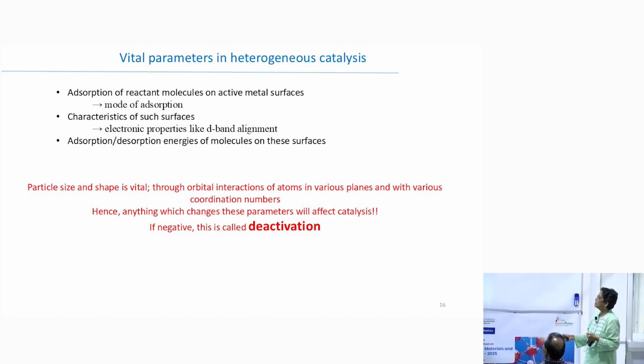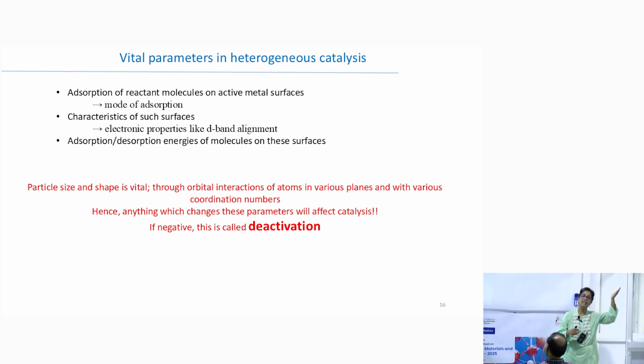So one is adsorption. You know that the whole of heterogeneous catalysis works under the premise of molecules adsorbing on the surface close enough so that they can react and form a transition state which will reduce the energy barrier, and then react and desorb. So adsorption and desorption are both important. It should not be that adsorption is weak and desorption is very strong, so that the molecule doesn't come out.